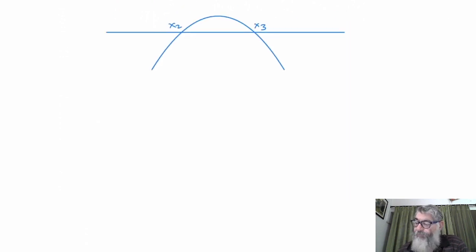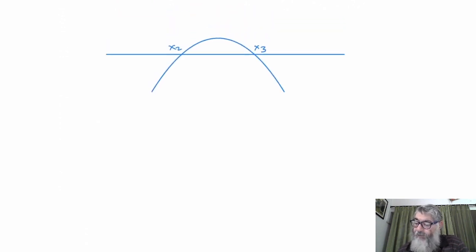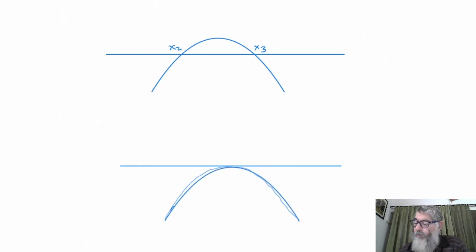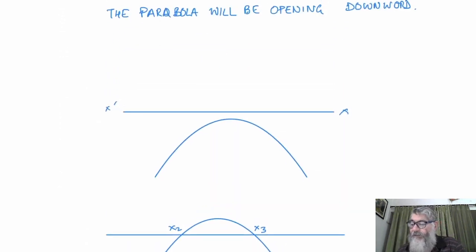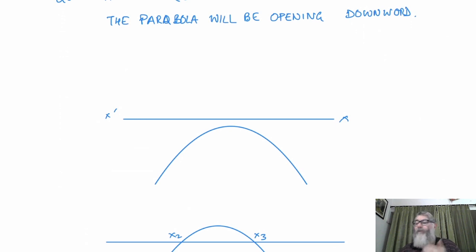In the third case, let's see the third case. Now, this is touching the x-axis. It is not cutting, it is not below x-axis, but it is touching the x-axis. Like in the first, when a was greater than 0, there were three possibilities. Similarly, when a is less than 0, when it is opening downward, there are three possibilities.